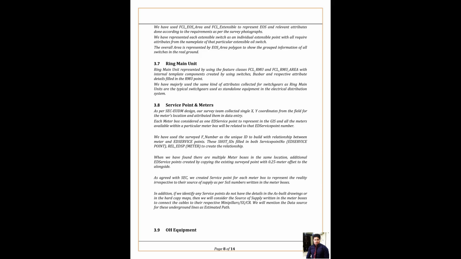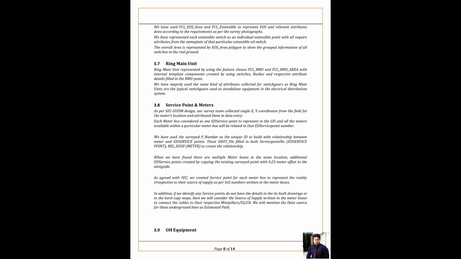In addition, if we identify any service points that do not have details in the as-built drawings or in the hard copy maps, then we will consider the source of supply written on the meter boxes to connect the cables to their respective substations. We will mention the data source for these underground lines as estimated path.